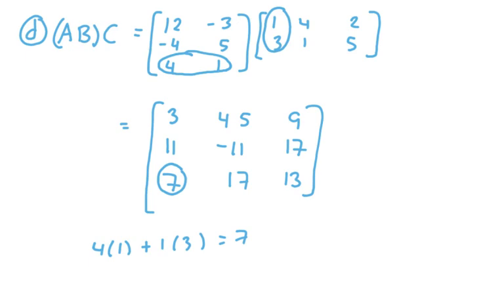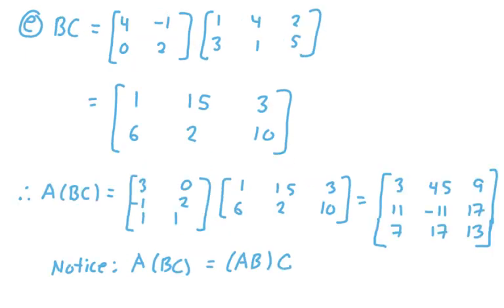And then on part E, my goal is to figure out A times the quantity BC. But to do that, we need to figure out what BC is first. BC is the matrix 4, negative 1, 0, 2, times the matrix 1, 4, 2, 3, 1, 5. And I get 1, 15, 3, 6, 2, 10. That's BC.